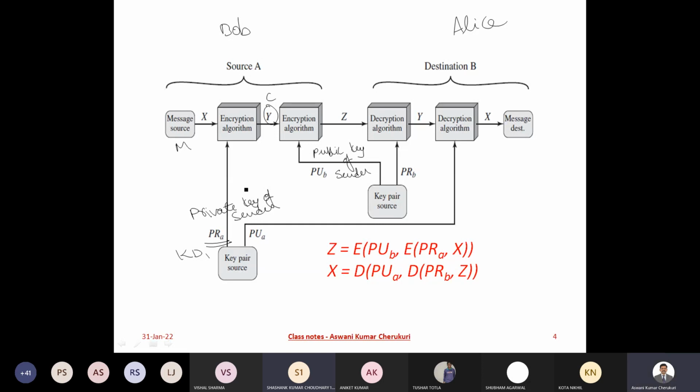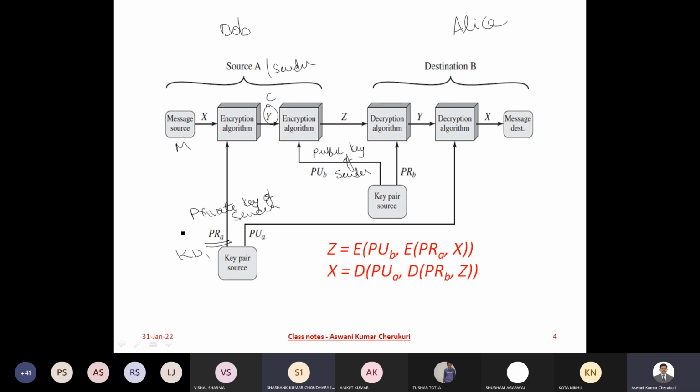So we are performing encryption two times at the source, the sender. The first encryption happened with the private key of the sender. So what does encryption with the private key of the sender achieve?